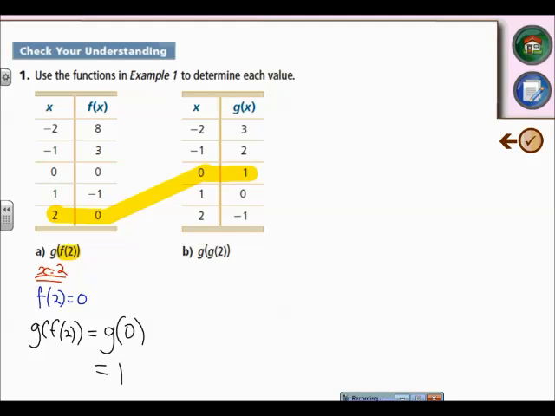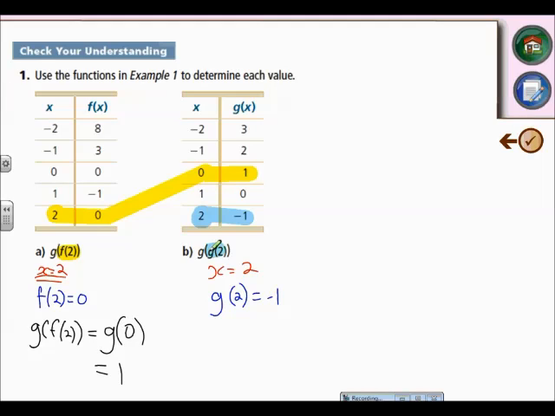Hey, but I don't need 2 different functions to be able to do this. I can stuff one into itself. Lots of fun there. That's a party trick in itself. G at 2, we're going to start there. So go to your g equation. Find when x equals 2. Oh, x equals 2 here. Find the value. So now we're saying that g at 2 is equal to negative 1. Continue with that.